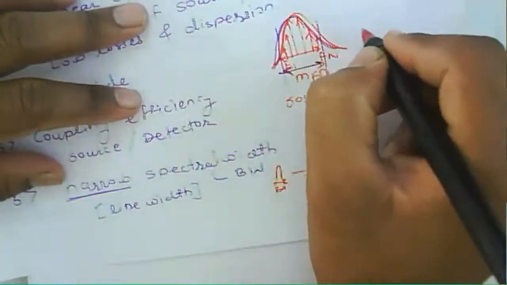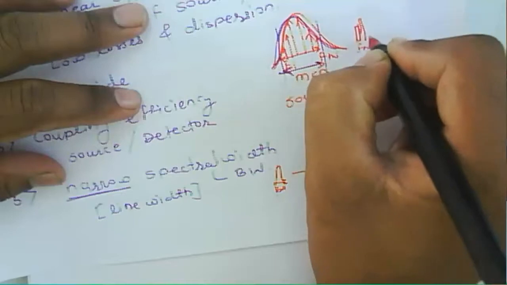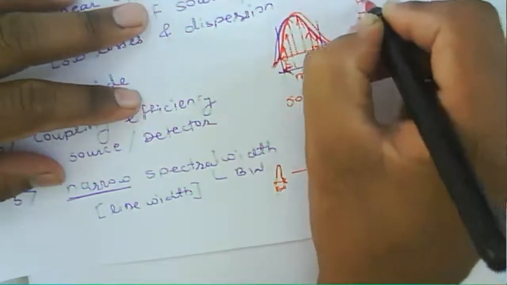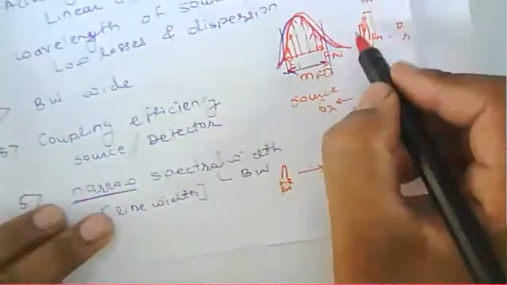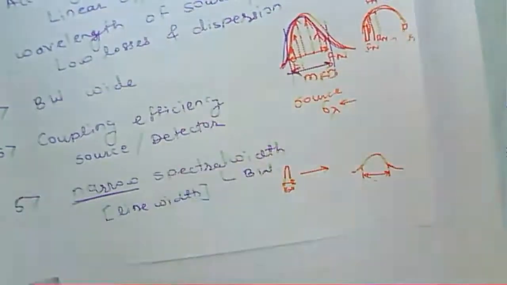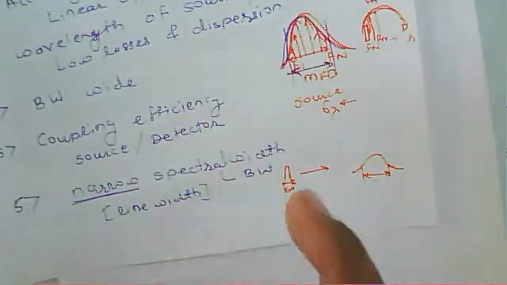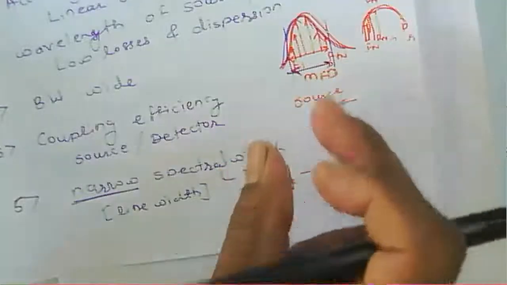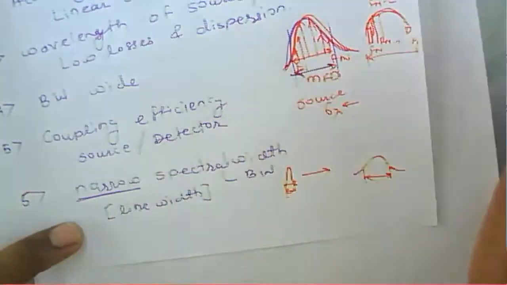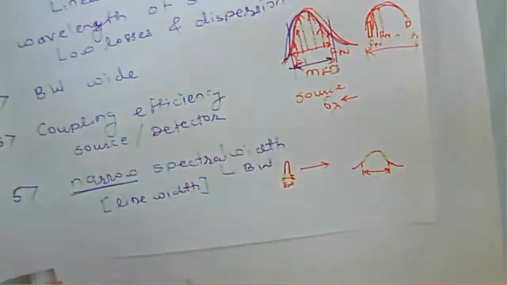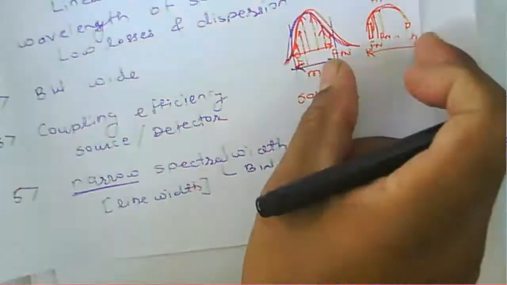So at the detector, we are able to see first one frequency component, then another frequency component fn minus 1, then fn minus 2, and likewise, and then at the end we are getting f1 here. So that's why the spectral width will tell you what the dispersion will be. If the spectral width is narrow, then those f1 to fn components will be small, and because of that the dispersion will be small.